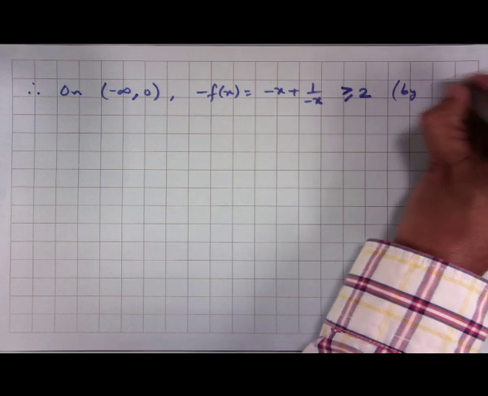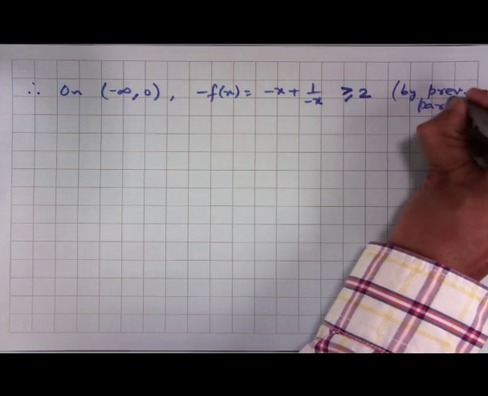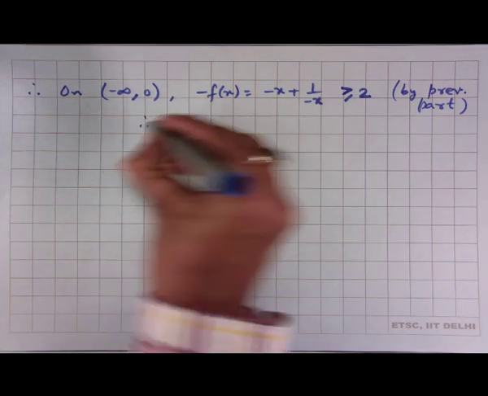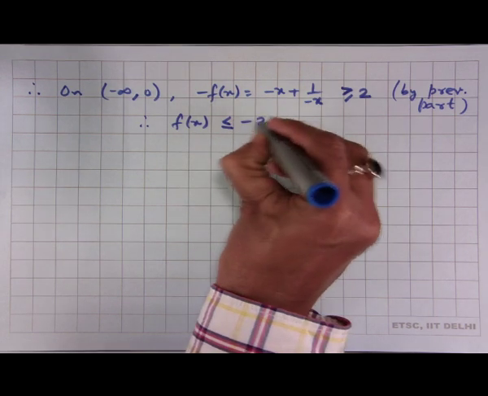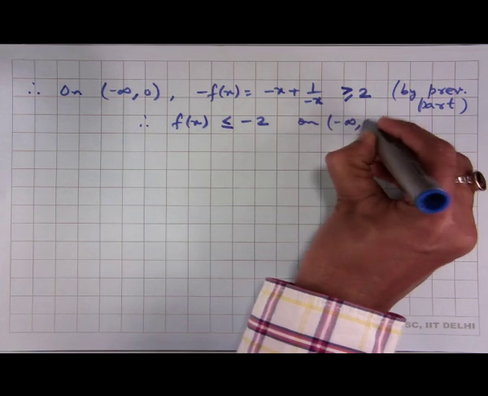By the previous part, therefore, f of x must be less than or equal to minus 2 on minus infinity to 0.